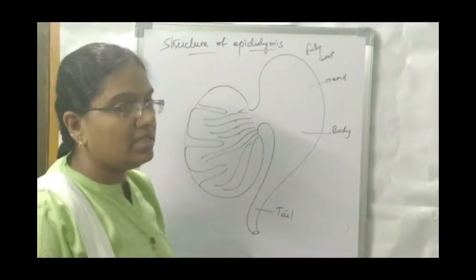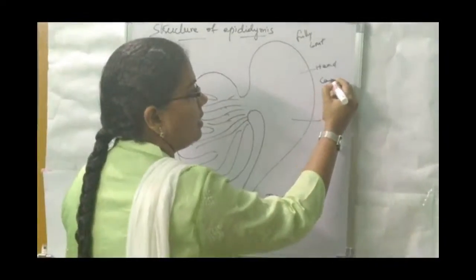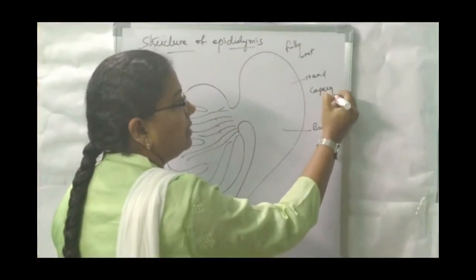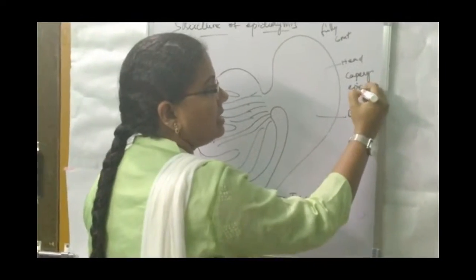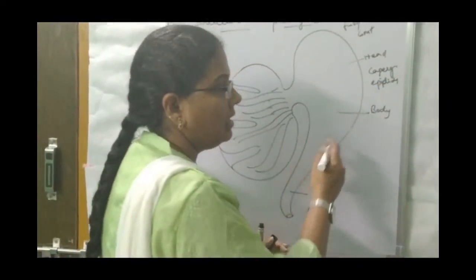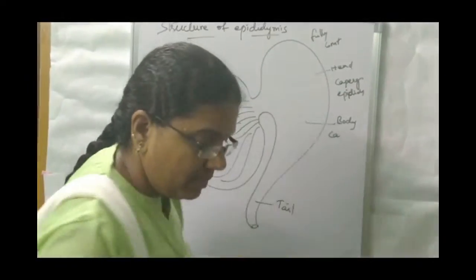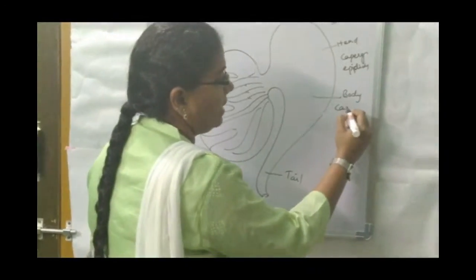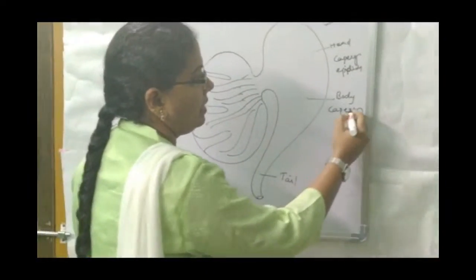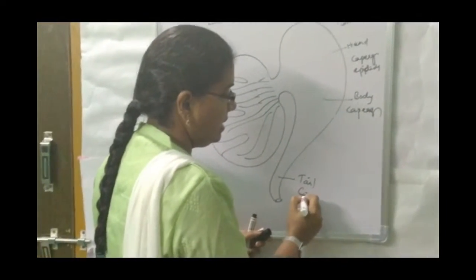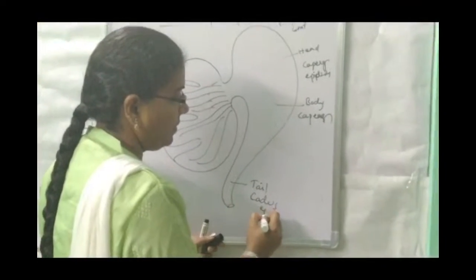The head region is called the caput epididymis, the body is called the corpus epididymis, and the tail is the cauda epididymis.